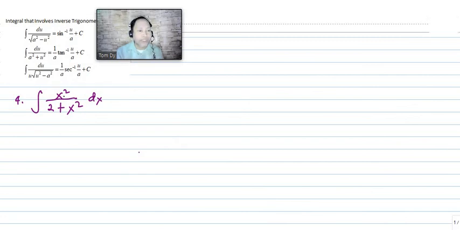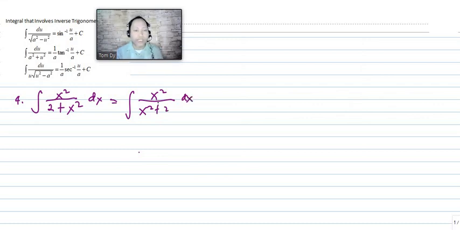If you have noticed here, the exponent of your numerator, which is x squared, is 2, and then if you have your denominator 2 plus x squared, your exponent here is 2. So they are the same. Then all you have to do is divide this one. But of course, before you divide, we will write it in this manner: x squared divided by x squared plus 2 dx.